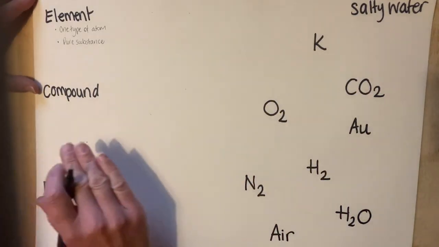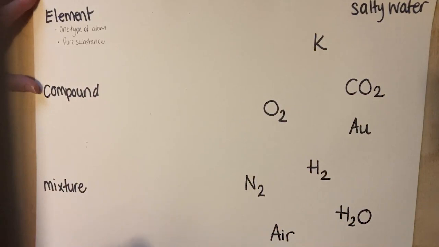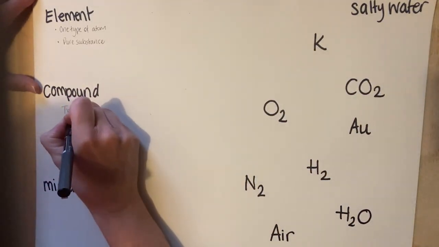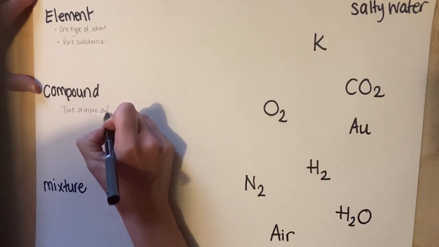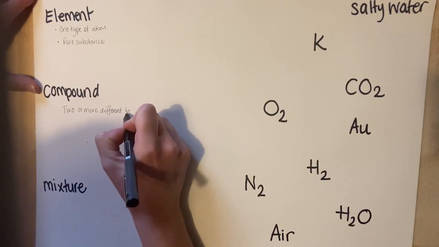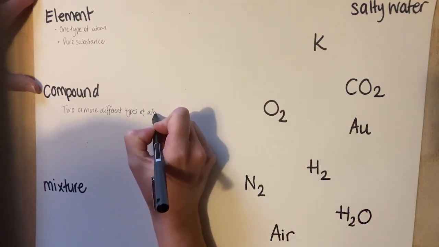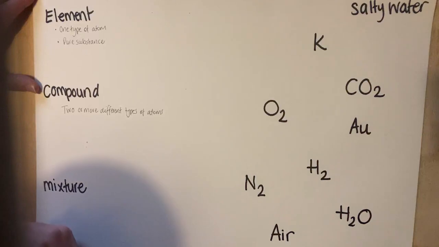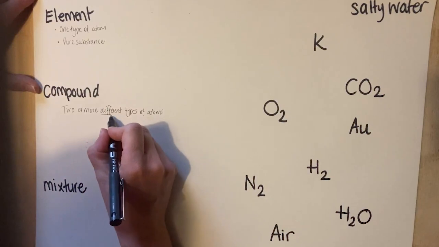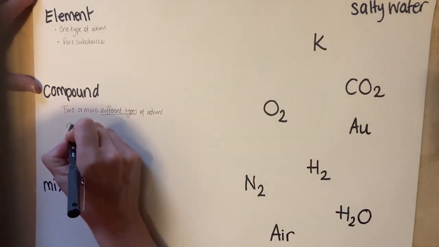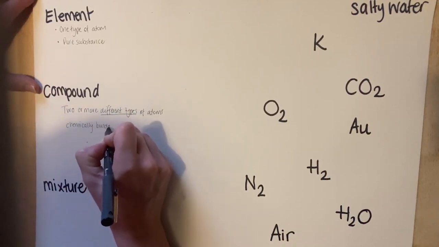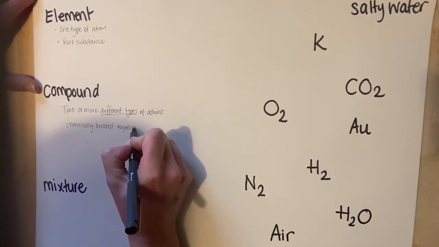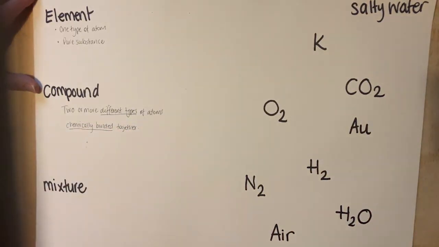This is going to be two or more different types of atoms. Now the special thing to remember with this is that they must be chemically bonded. So it's two or more different types of atoms chemically bonded together. Good.